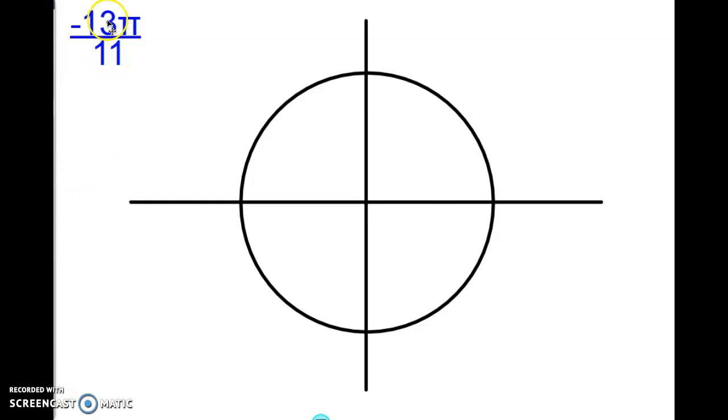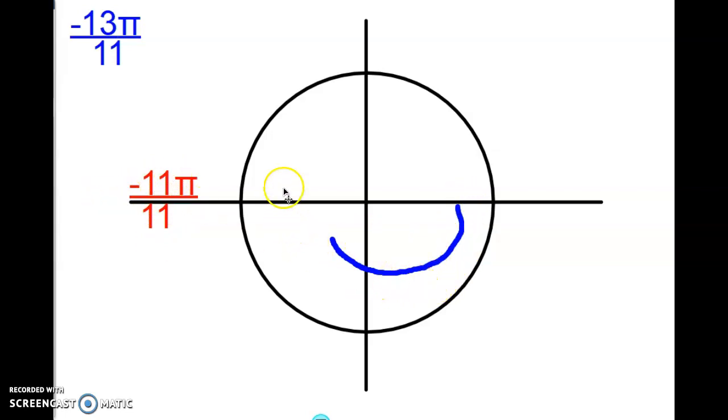And we are going to do one more, folks. We'll do a hard one again. Here's negative 13 pi over 11. Now just remember, negatives, we have to start here and go clockwise. So, again, let's set up our chart. This is negative 11 pi over 11. Whatever that denominator is, the numerator is.